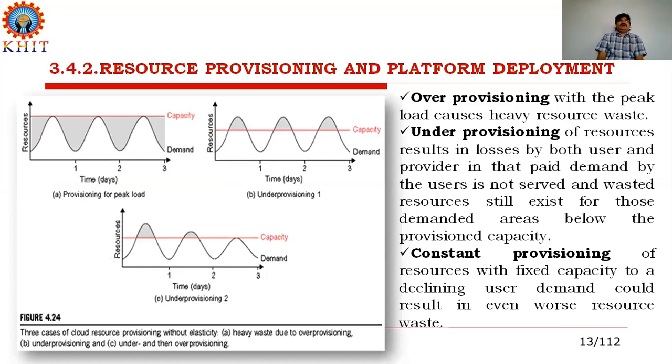And next, we have seen cloud computing services and extended cloud computing services beyond the three standard cloud computing services in the last slide. Next we move to another one, resource provisioning and platform deployment.